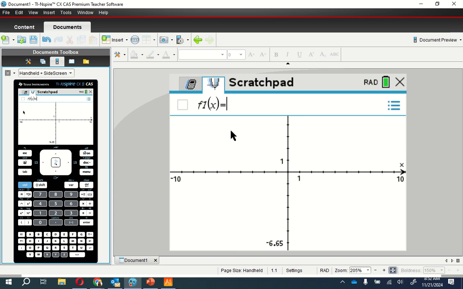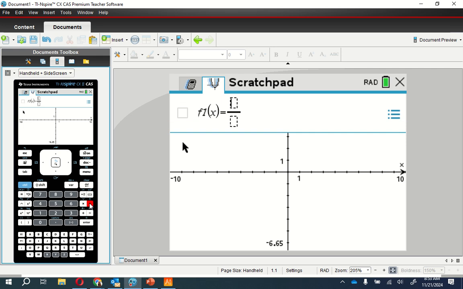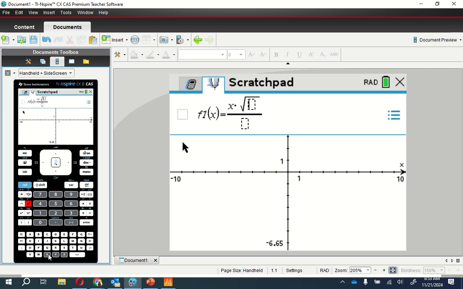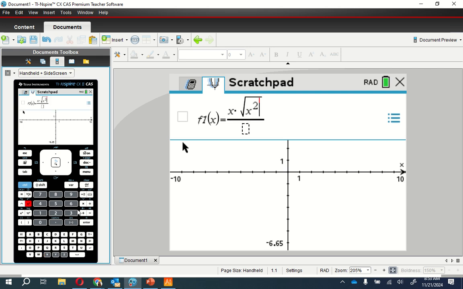So here I have my tab, control divide is going to give me the fraction. x times square root of x squared plus 3, over 1 plus x. Is that correct? Alright, I'm gonna hit enter.